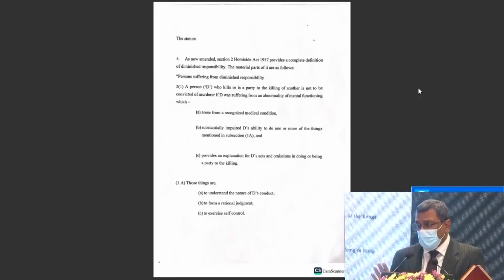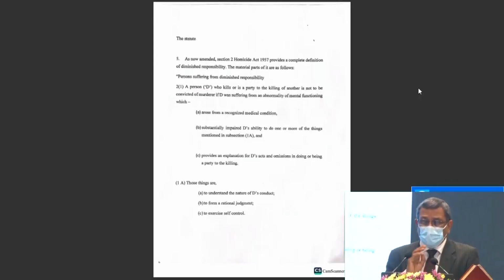Murder is a classic example. Provocation, if a murder has been committed under severe provocation, is one factor that would diminish the responsibility from one tier to the next, and the person will be found guilty of manslaughter, as you all know.